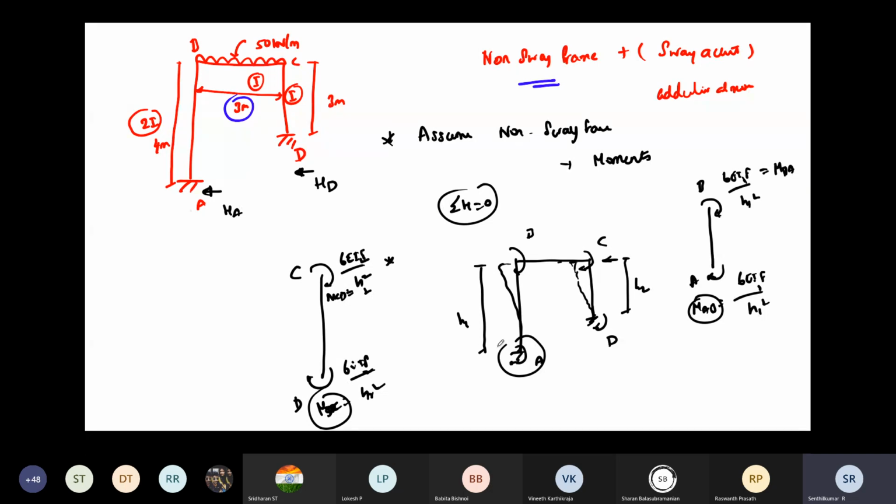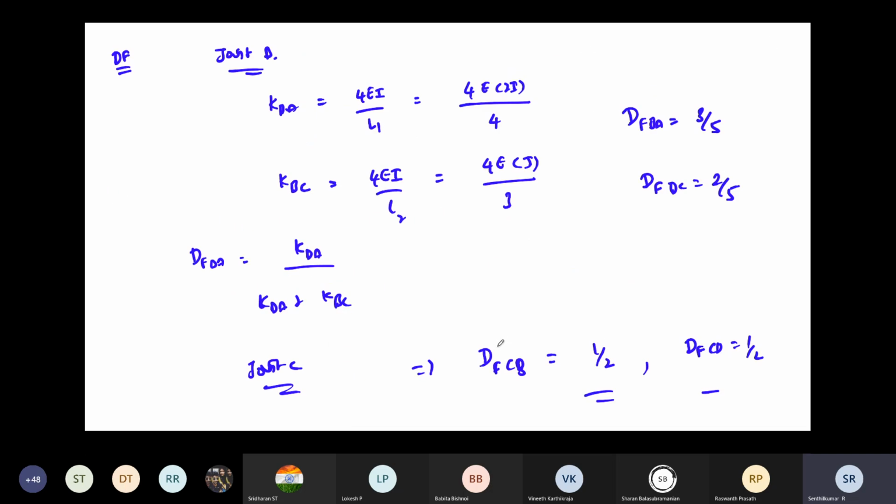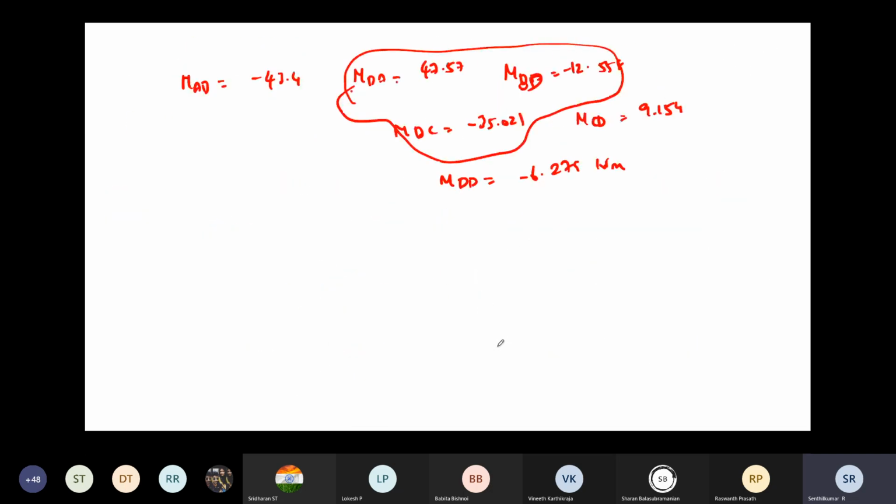How we can find it indirectly is, whenever you have some sway delta, you will have moments MAB, MBC, MCD, all those as 6EI delta by L square if everything is fixed. If one end is pinned, that will come as 3EI delta by L square. So if you know that moment is going to come, I can keep it as a ratio.